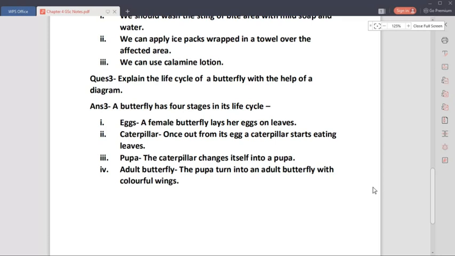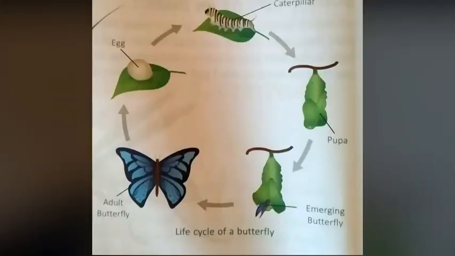And last stage is adult butterfly. The pupa turns into an adult butterfly with colorful wings. This is the diagram of life cycle of a butterfly. So from this chapter you should do 2 picture based questions and subjective type questions in your classwork copy.